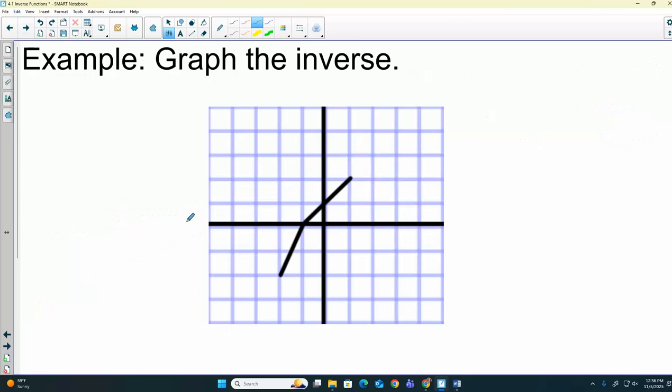Let's practice graphing another inverse. So to do this, I just want to look at ordered pairs. Okay, so take a few on your graph. What's this point? 1, 2. So when you do the inverse, where would your point be? What's this ordered pair?